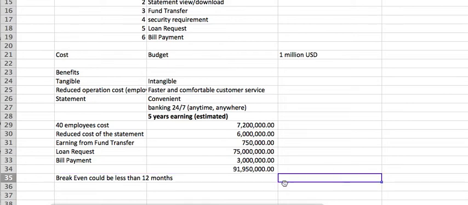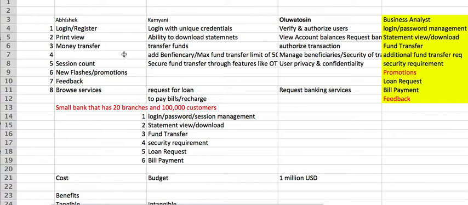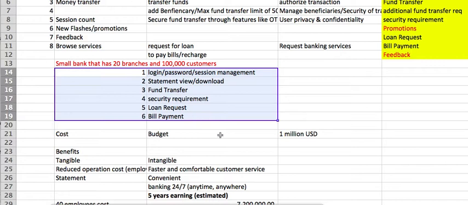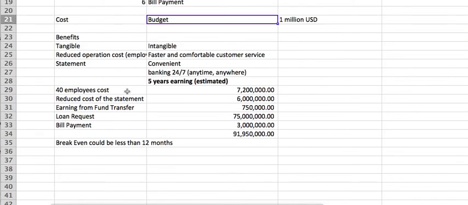So in this case you can present this case to your sponsor for the funding, right? So there are two things we learned here. First is the scope, where based on the stakeholders' inputs we have created the scope. Then we have calculated the cost versus benefit.